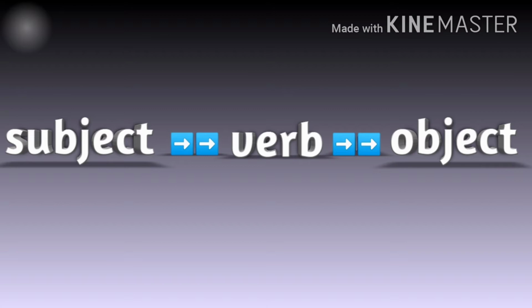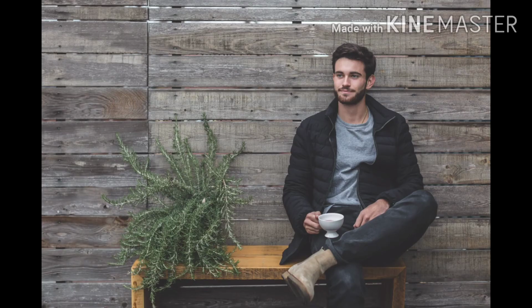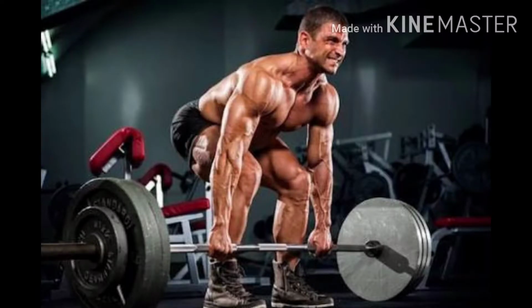In this format, the subject, the doer, is given more importance and is in the first place, which is then followed by the verb, that is the action, which is then followed by the object. The object means the thing on which the action takes place.